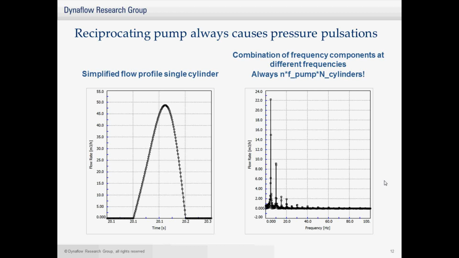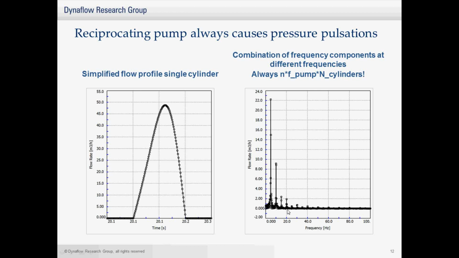So this pump is a single cylinder and the frequency is 5 Hertz. You can see the strongest component, so to speak, the largest flow rate fluctuation, is at the frequency of 5 Hertz. And then you go to 10 Hertz, there are also quite some components there.